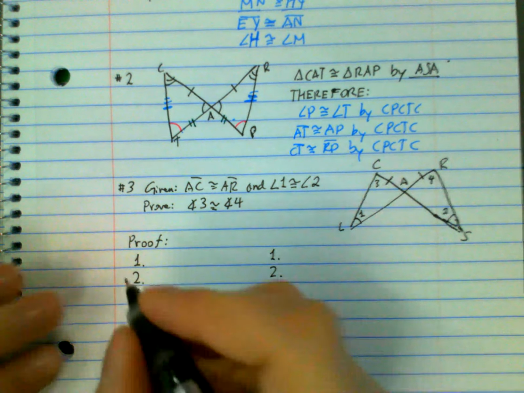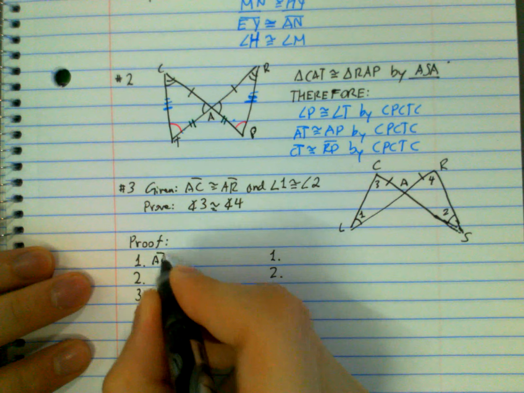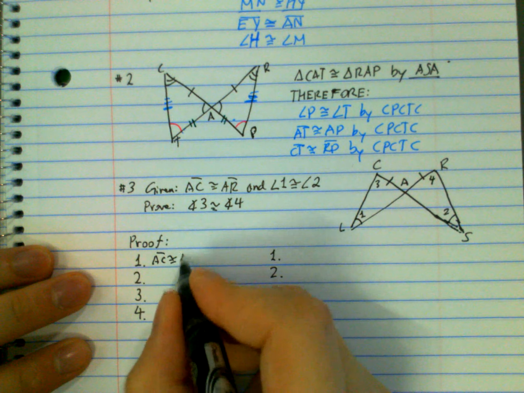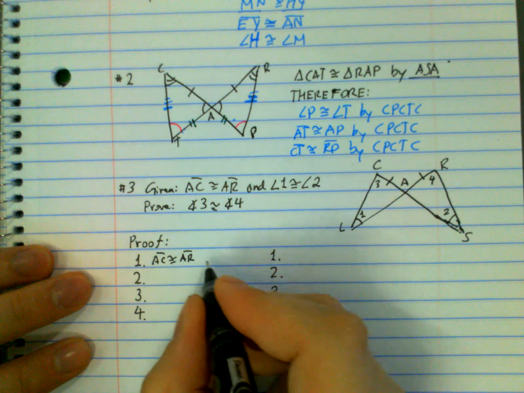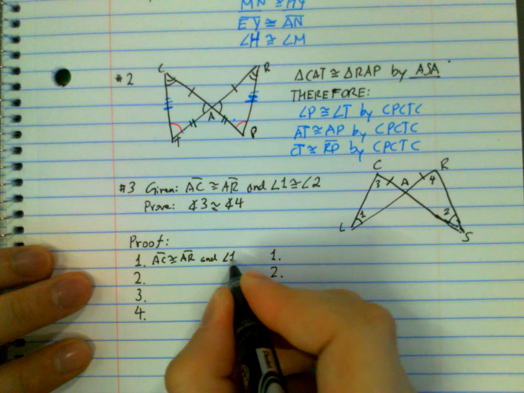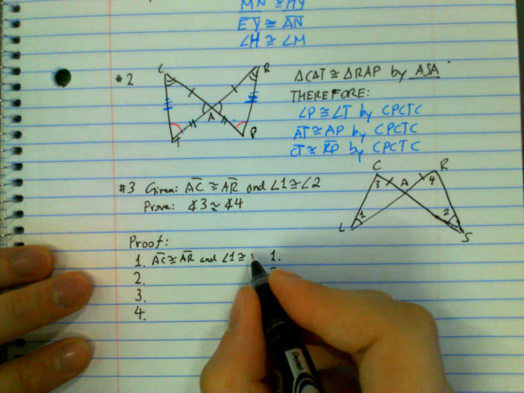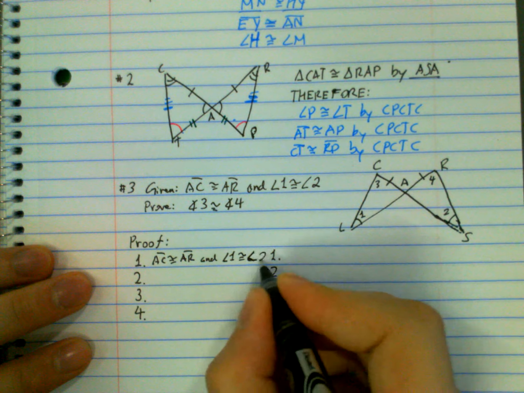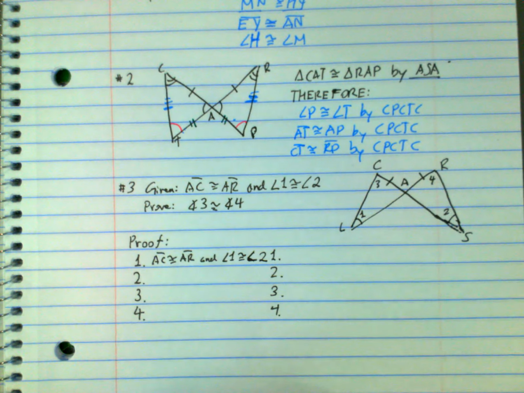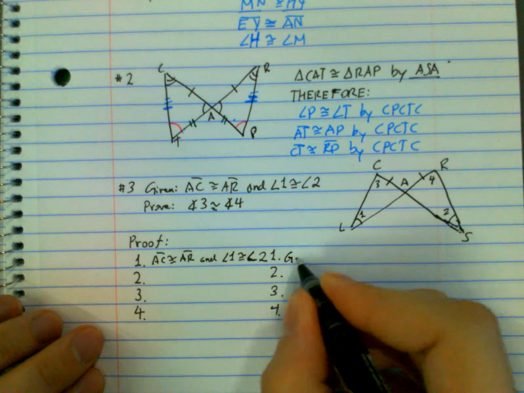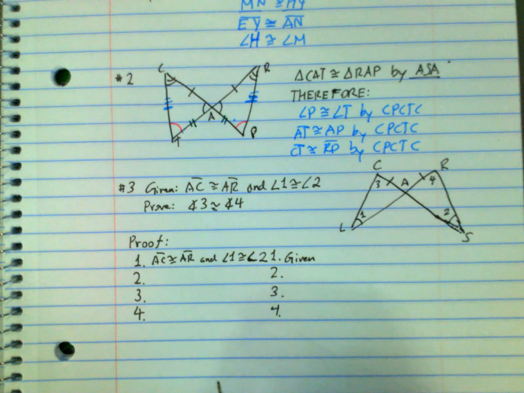Firstly, let's write our givens. I'm going to write them in one line this time. So AC is congruent to AR, and angle 1 is congruent to angle 2. Given. Okay?